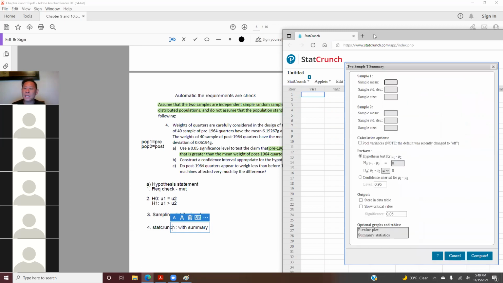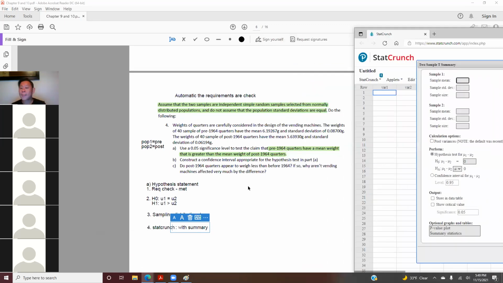So what is the mean for sample 1 here? You cannot round this number. 6.19267. So again, no rounding. Standard deviation? 0.08700. And the sample size? 40.